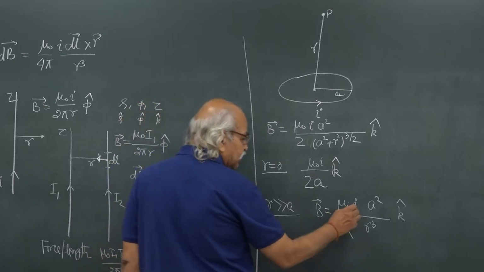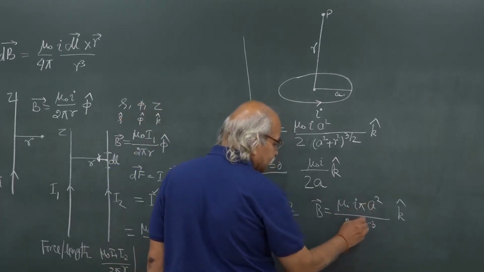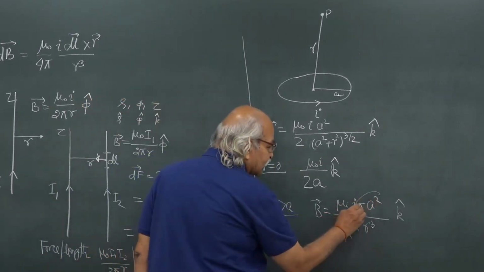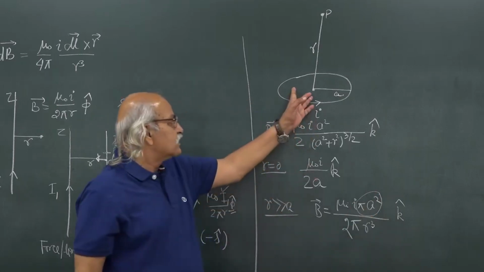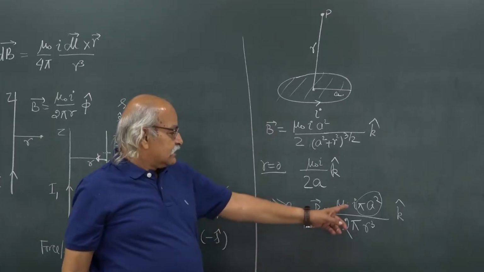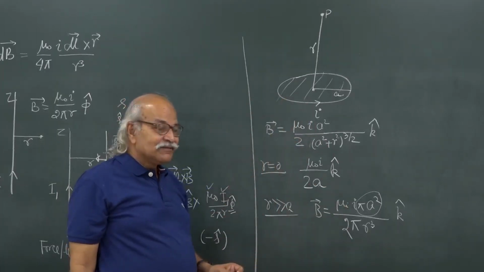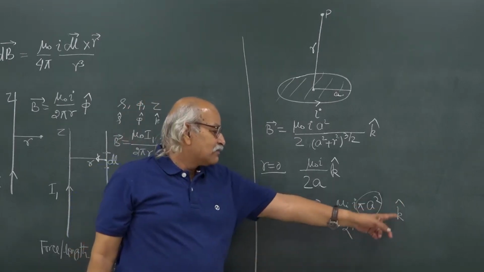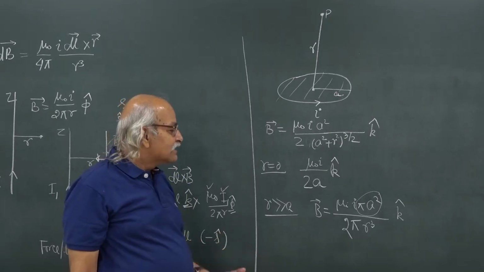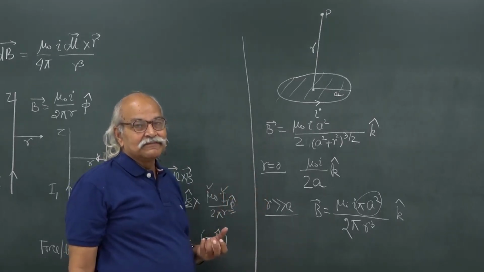And if you multiply it by pi here and pi here, then this pi a square is the area of this current loop, and this is current I. So, you remember I times area and then k cap. This is the magnetic dipole moment of this current loop, right.